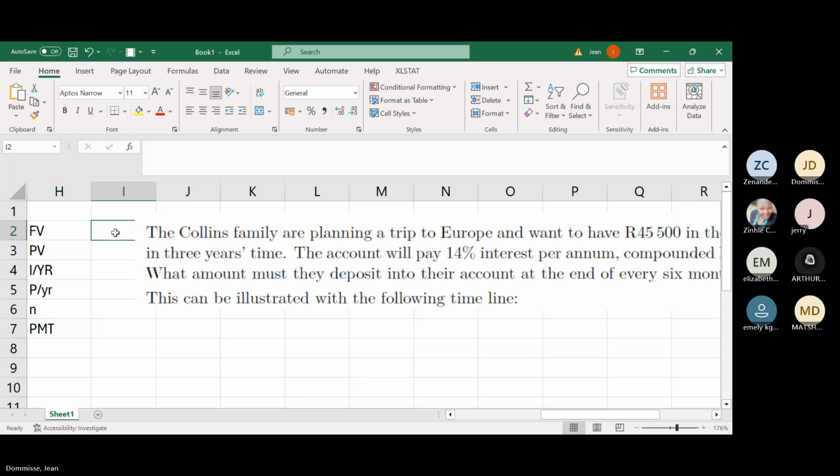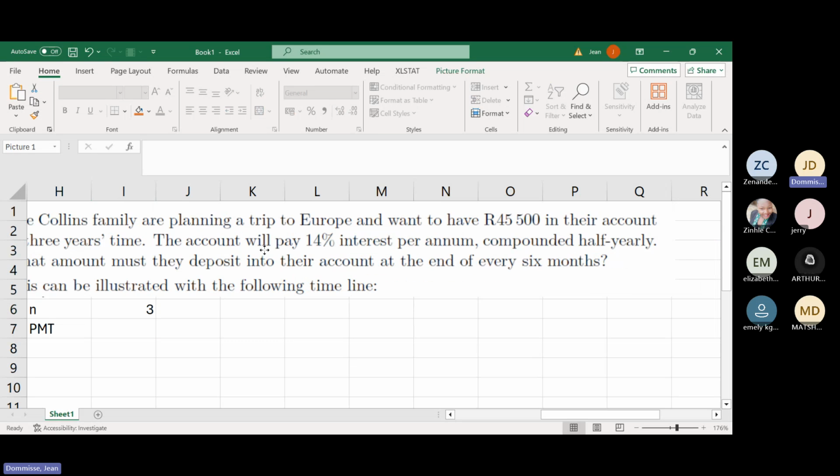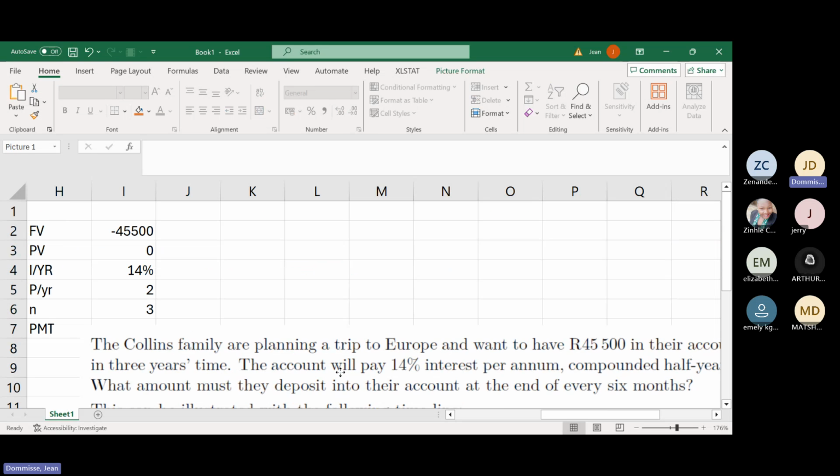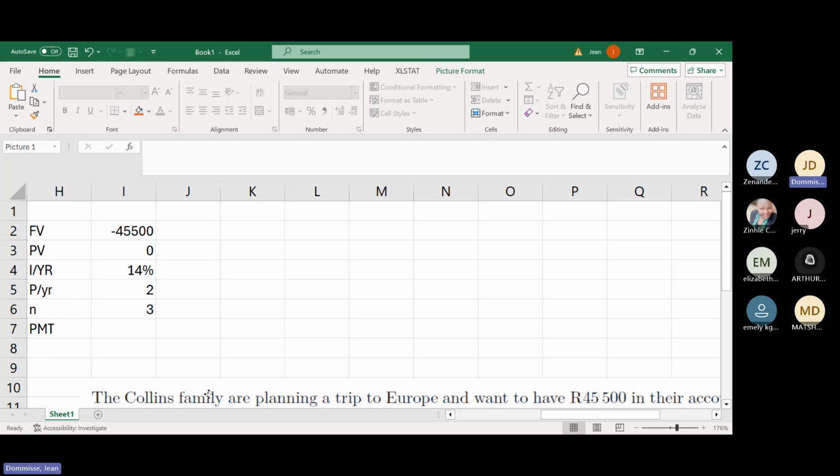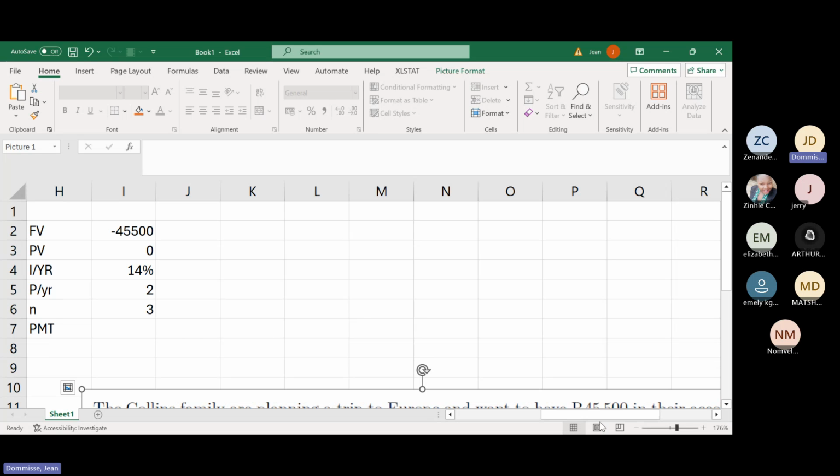It was 45,500. It was 0 present value. Interest rate was 14%. Times per year was 2. N was 3. Let me hide the rest of that question below. As you can see, there's a PMT function.